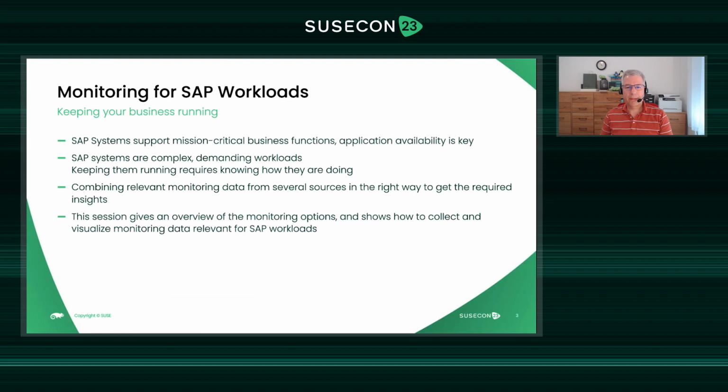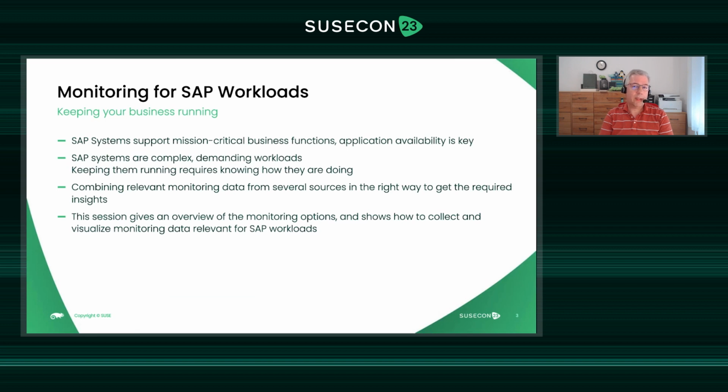Good, thank you. So, today we talk about monitoring for SAP workloads. Many customers deploy SAP systems such as SAP HANA for their global operations to support mission-critical business functions. This means they need maximized system availability. Accordingly, IT departments are faced with demanding SLAs.